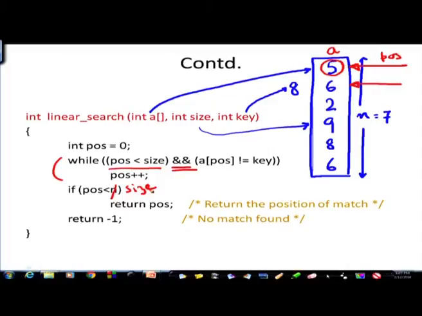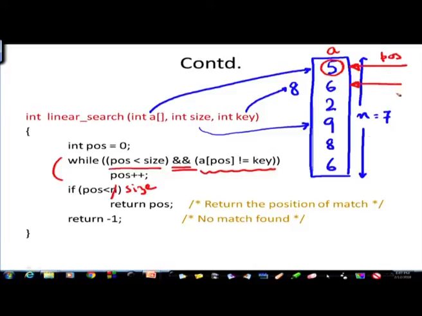If pos is less than size, that means I have not come to the end of the array, then obviously why did I come out? Because this condition was false. This condition was false means what? I have already found the key, right. Then I will return the position.